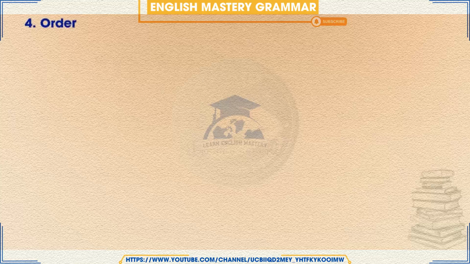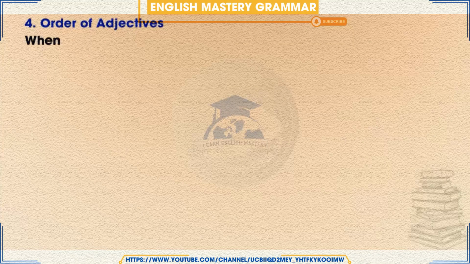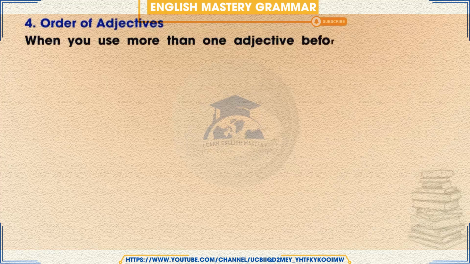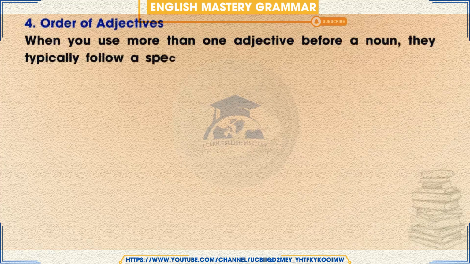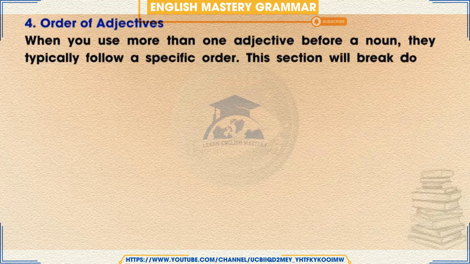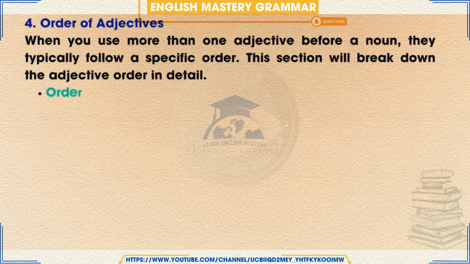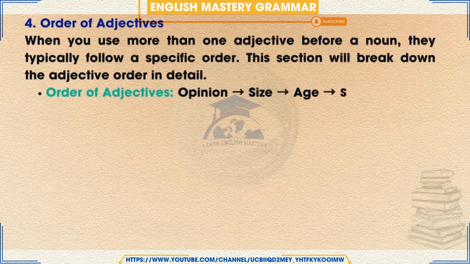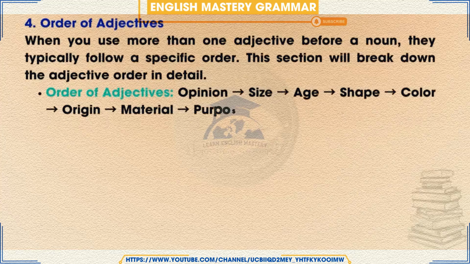Order of adjectives. When you use more than one adjective before a noun, they typically follow a specific order. This section will break down the adjective order in detail. Order of adjectives: opinion, size, age, shape, color, origin, material, purpose, noun.